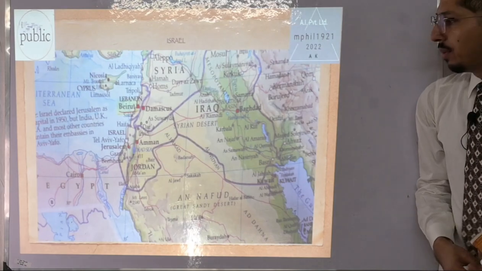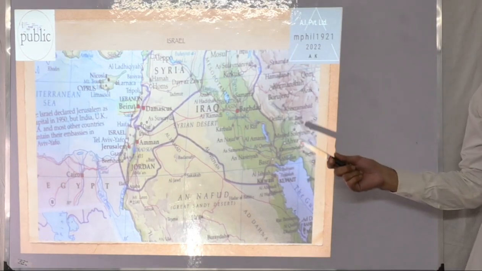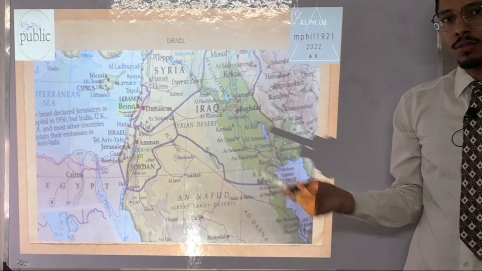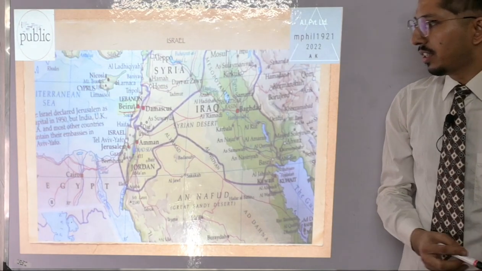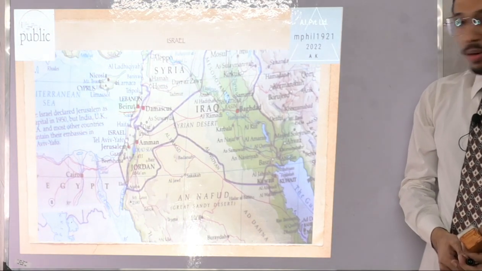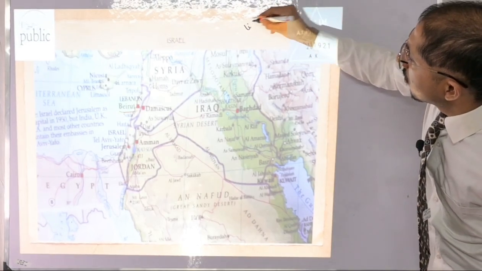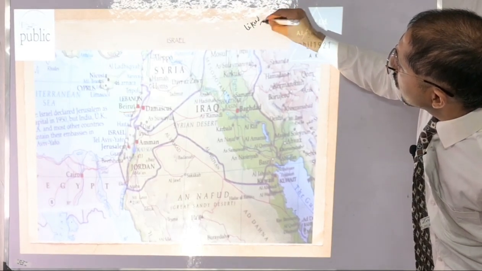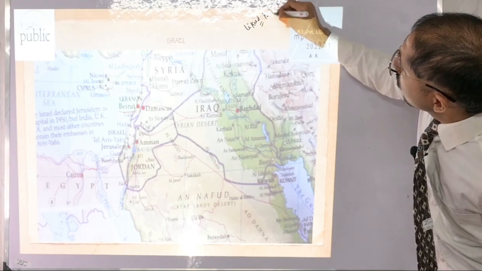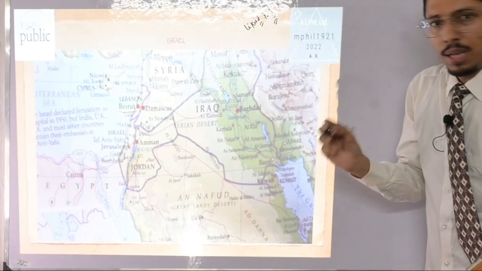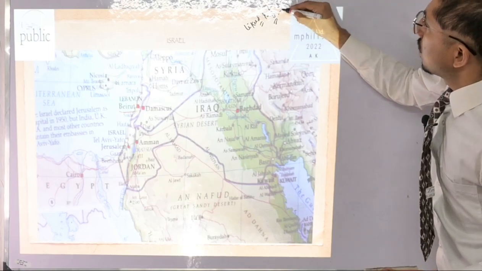So in today's news, you will find that there has been this news from Israel. Prime Minister Netanyahu is from the Likud Party. This you should keep in mind, okay? And this one is a right-wing party.